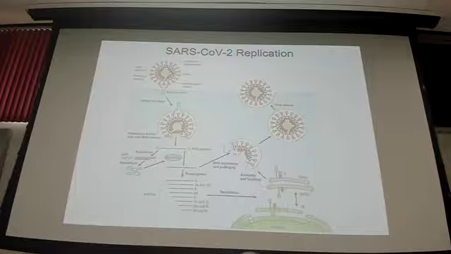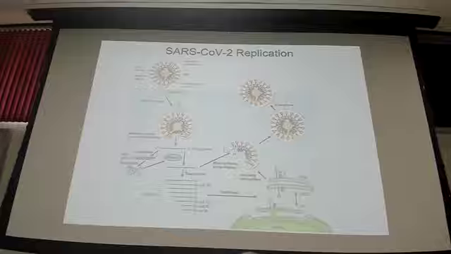In terms of replication, it's a positive sense RNA virus. Just walking through how this virus infects susceptible cells. It's got a glycoprotein on the exterior. If you look at that cartoon, even if you've never studied this virus before, can you tell me what that viral glycoprotein is that is responsible for binding to the host cell receptor? Spike protein, exactly. And the host cell receptor is what?